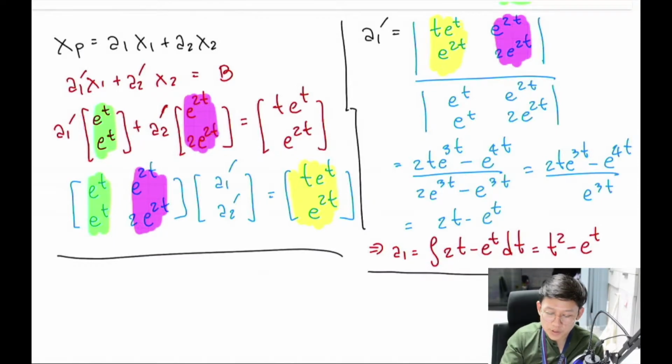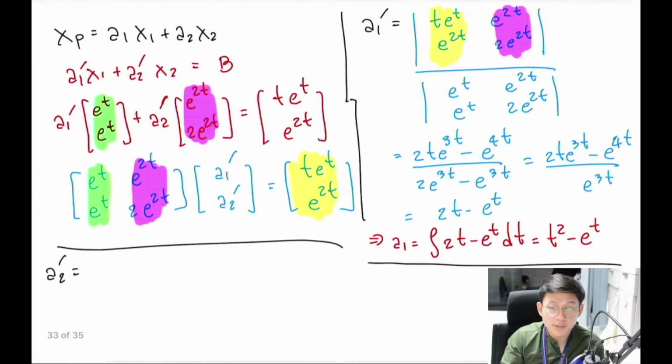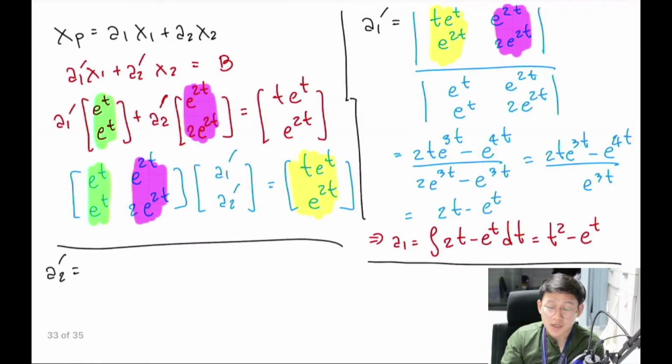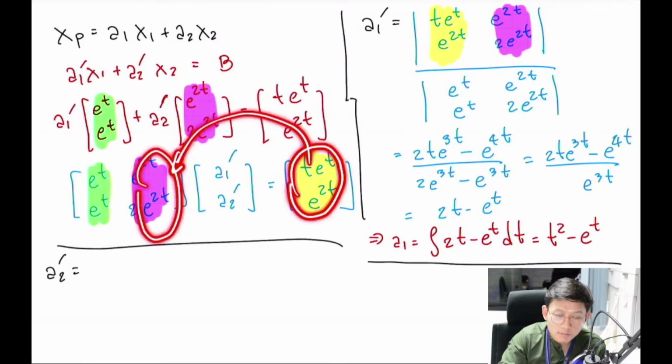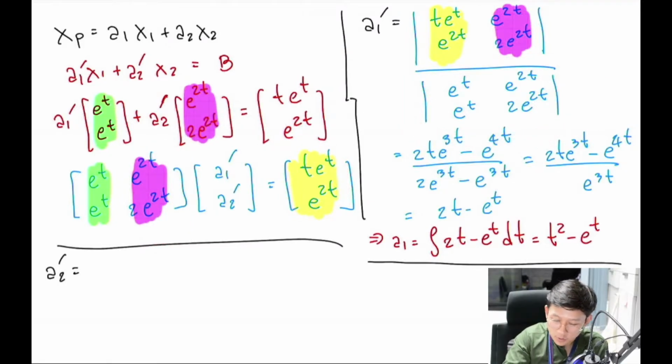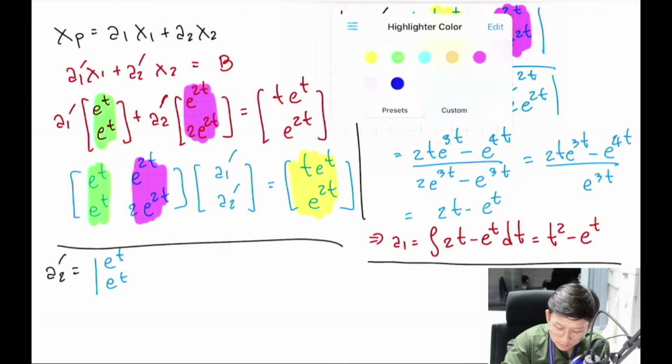After that, we need to find a2, and we begin using the same rule, the Cramer rule. To find a2, you replace this column with the second column and divide by the same thing. So what you have is e to the t, e to the t, which is fixed from here.